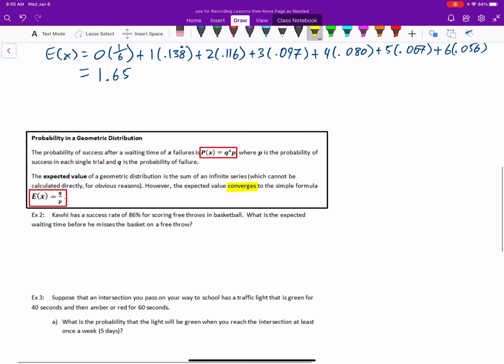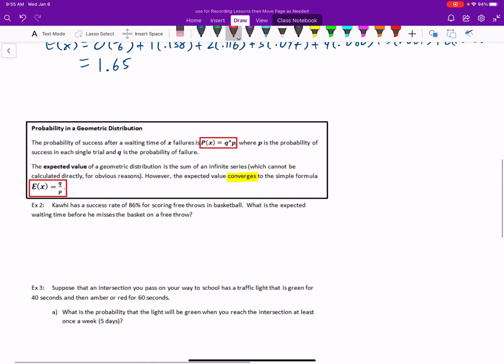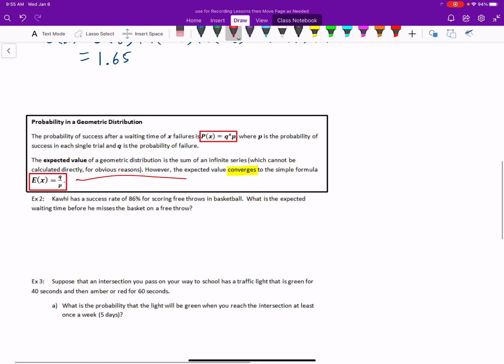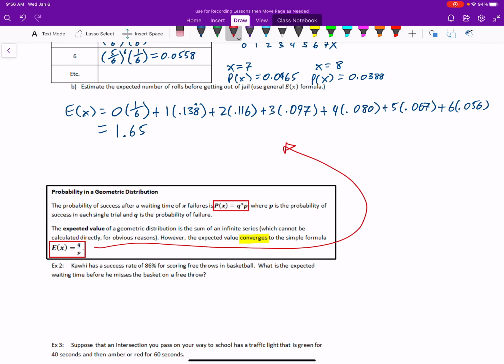So if I want to check that, then I can use that formula here, and I would have E at X equals, what was it, 5 over 6? That's Q, divided by 1 over 6, which equals 5 over 6 times 6 over 1.